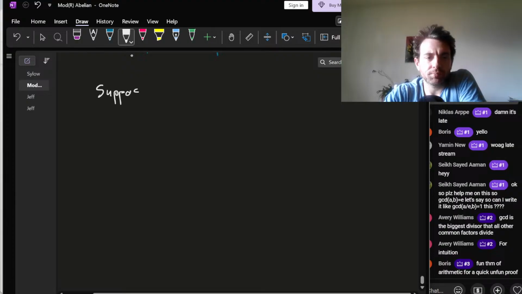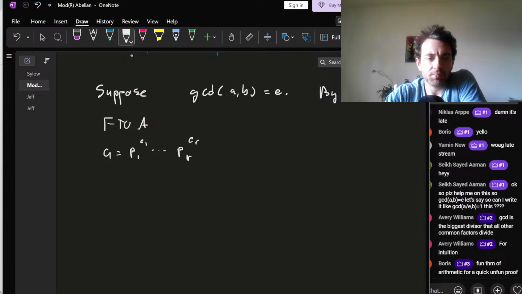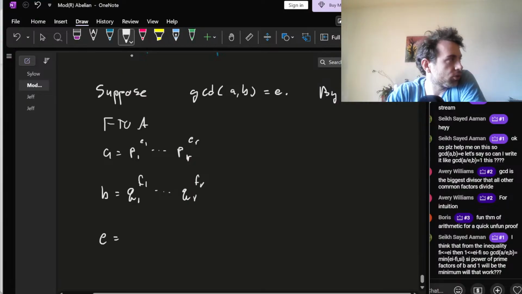Suppose the GCD of A and B is equal to E. By the fundamental theorem of arithmetic, we can factor A into P1 up to PR, B into Q1, F1 up to QR FR, and E into, gosh, too many letters.